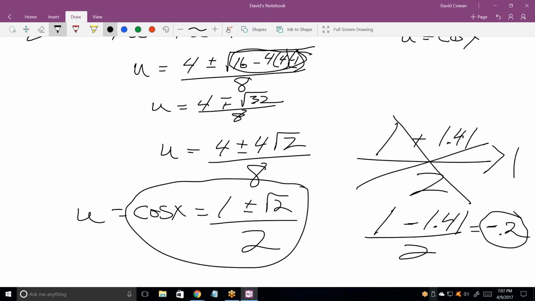Particularly when you're dealing with trig functions. So you always have to be on the lookout for that solution that's greater than the number 1, which was our first solution. Second solution is between minus 1 and 1. So this is the only solution.